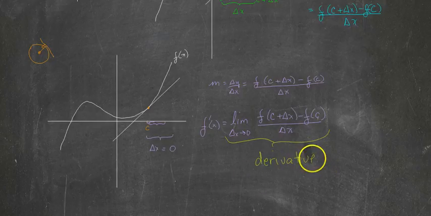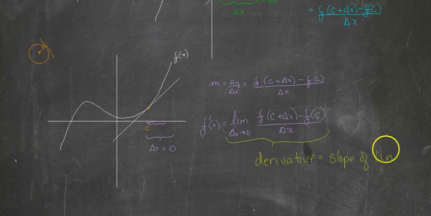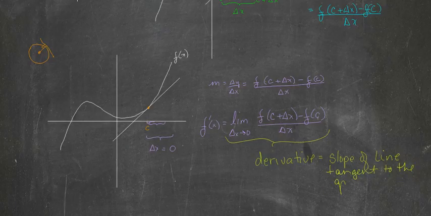The derivative equals the slope of the line tangent to the graph at x equals c. So our x value is something we can plug in now.